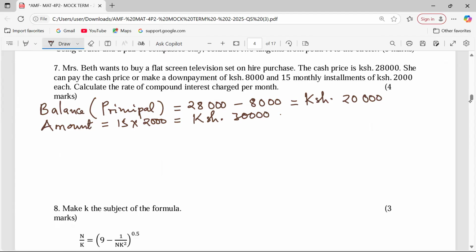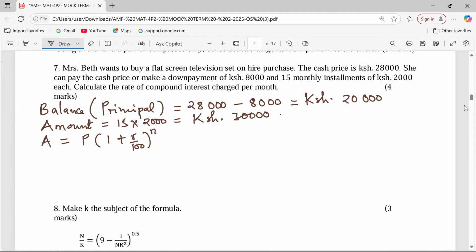Therefore, we shall say that the balance has earned interest. According to the compound interest formula, amount is usually equal to the principal into 1 plus the rate of interest raised to n.